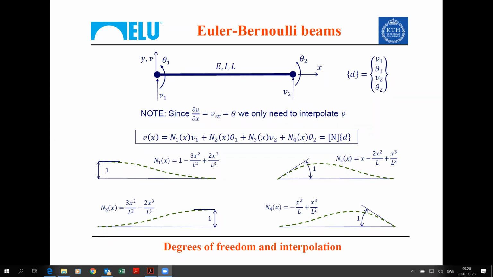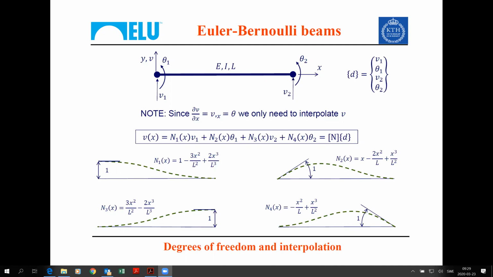Since we have an Euler-Bernoulli theory, the cross-section stays plane and orthogonal to the deformed beam axis, this actually means that the rotation of the cross-section theta is equal to the first derivative of the displacement v. This is classical. So dv/dx, or in shorthand notation, v comma x, is equal to theta.